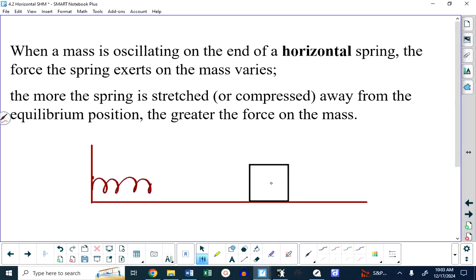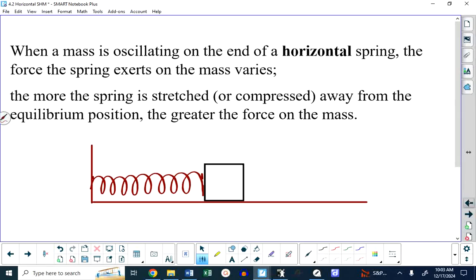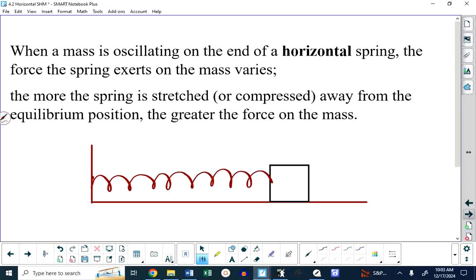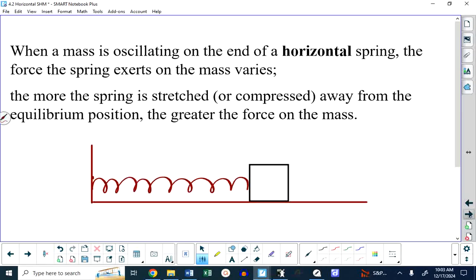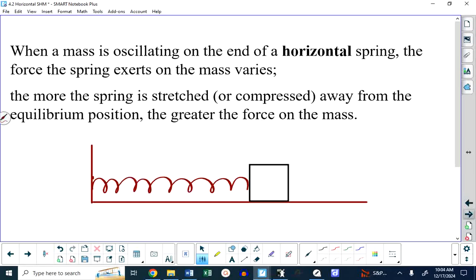Not quite at the equilibrium position, and not where it was here. It's a little bit closer. Will there be a force acting on the mass at that point? Yes. But will the force on the mass at this point be the same as the force on the mass at this point? No. Why?